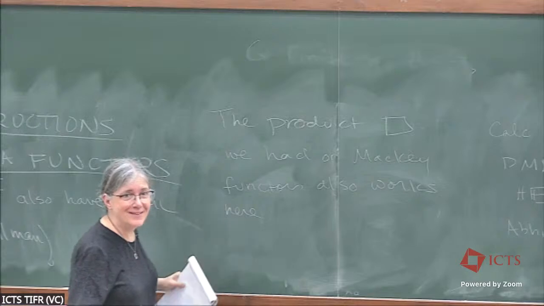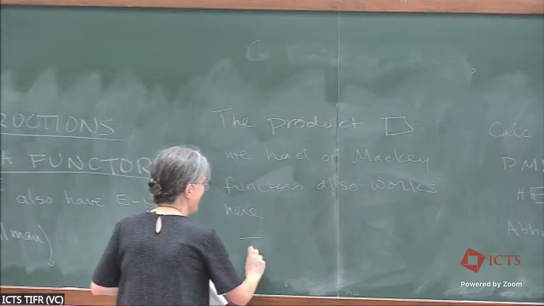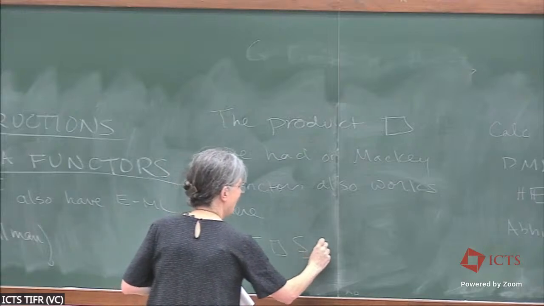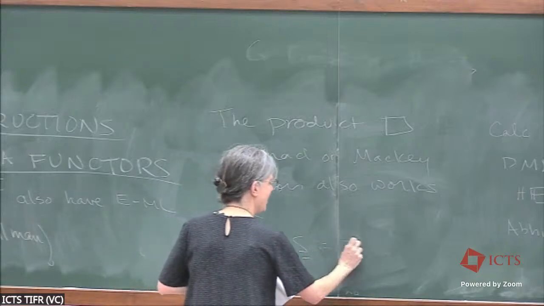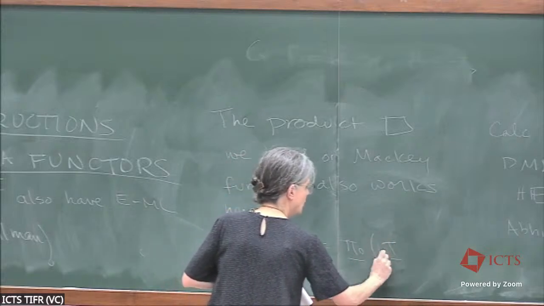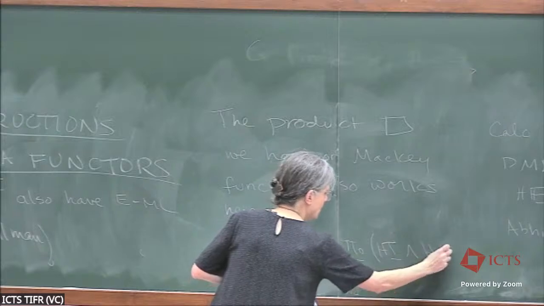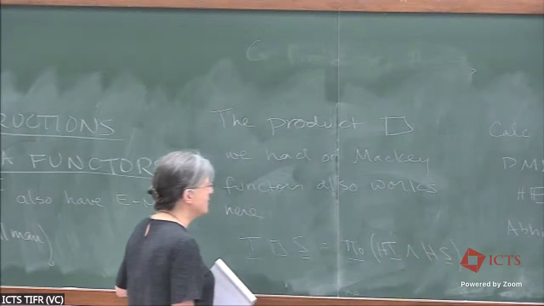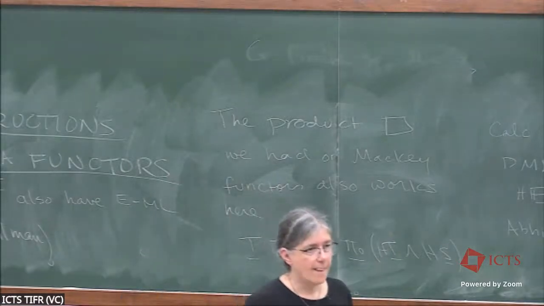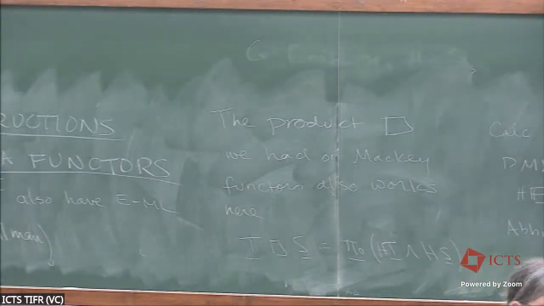I don't want to give you a definition. So I'm just going to say that T square S can be defined as pi 0 underline of HT smash HS. Right. You are only thinking about the structure as a commutative thing.